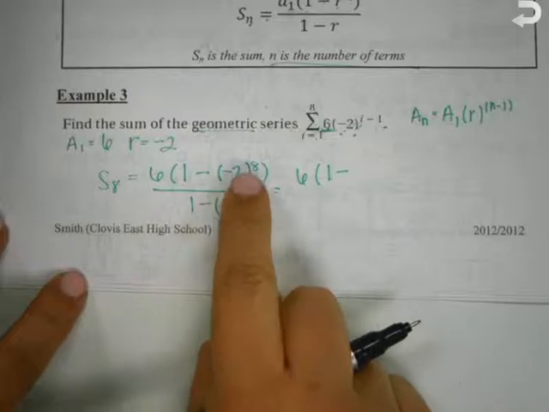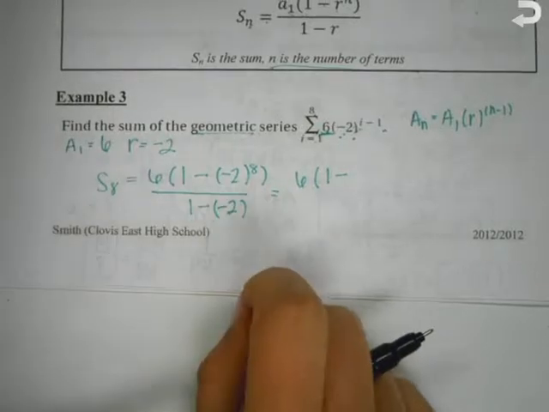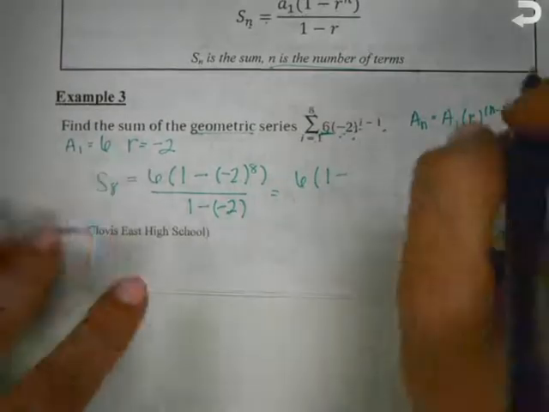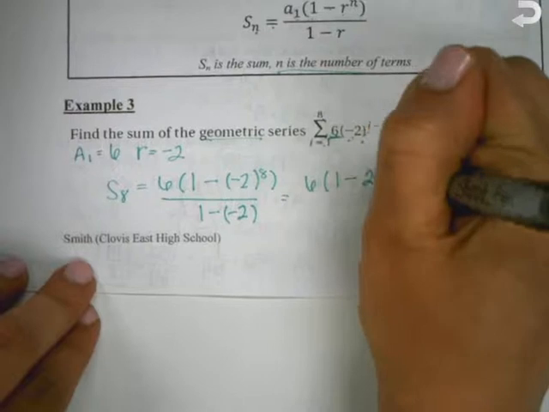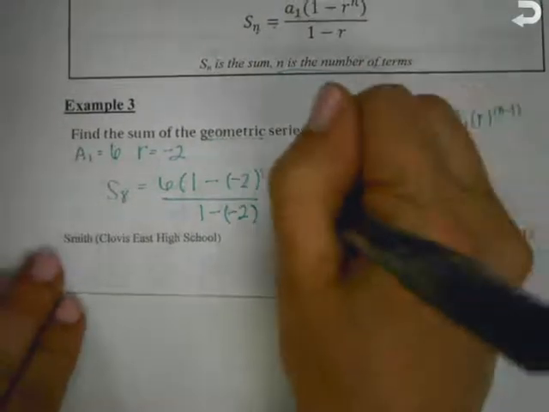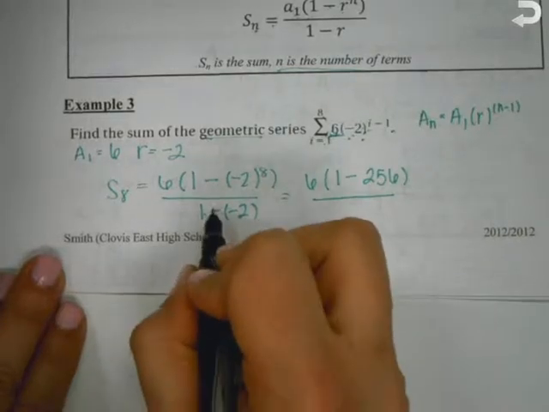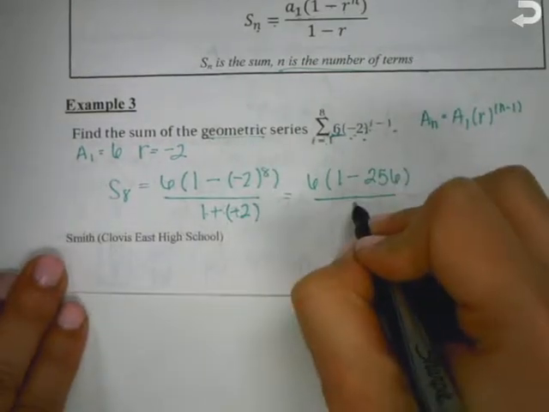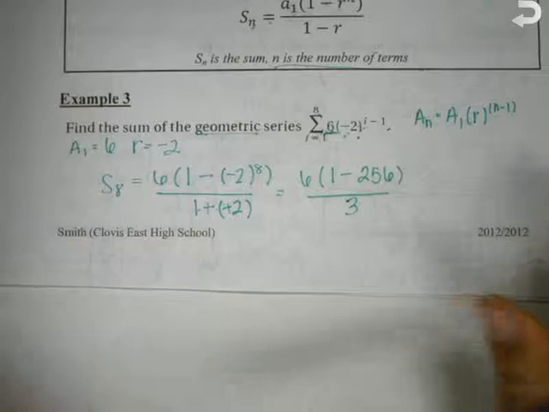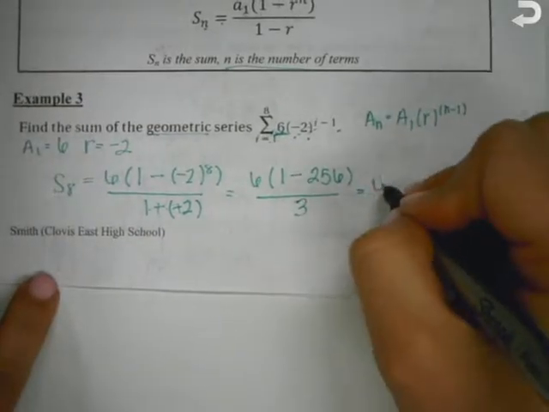It all becomes positive, so it's all over 3. So this becomes 6 times 1 minus 256, which is negative 255, over 3. Before I multiply and then have to divide, do you guys see something I can do? I can reduce the 3 and the 6. 3 goes into 3 once, 3 goes into 6 twice.